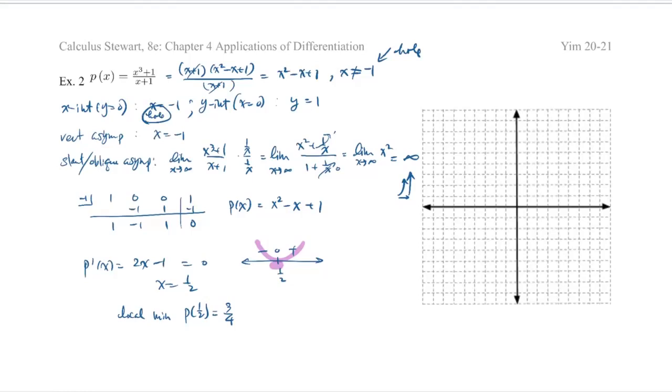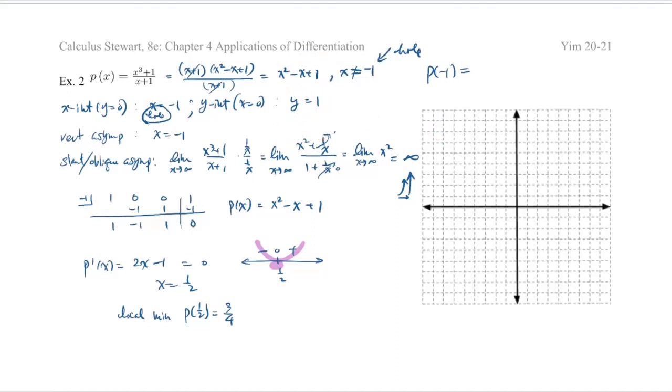And then the hole will be at p of negative 1, and we do need to plug negative 1 into this one, and that would be 1 minus negative 1 plus 1.